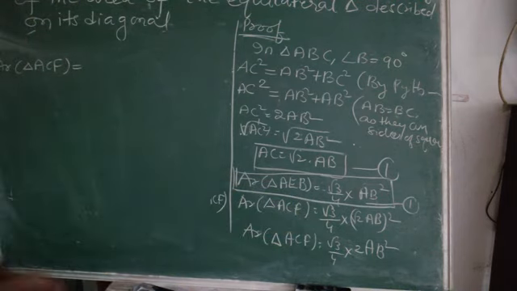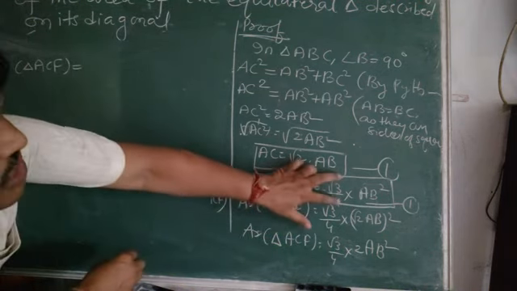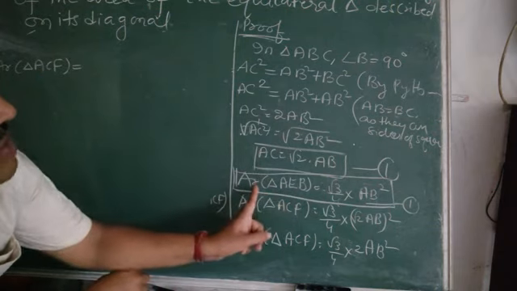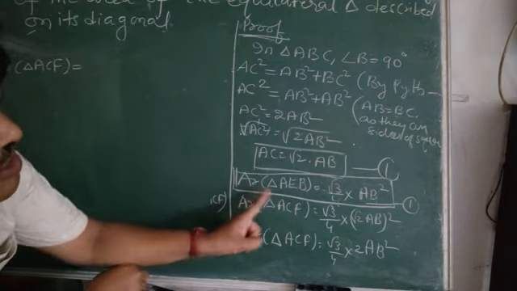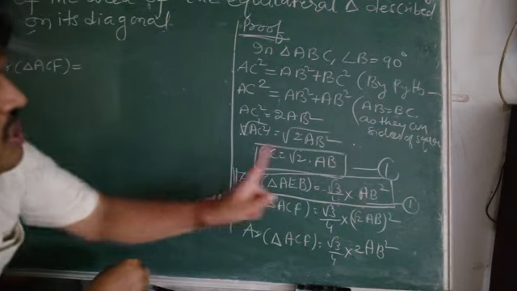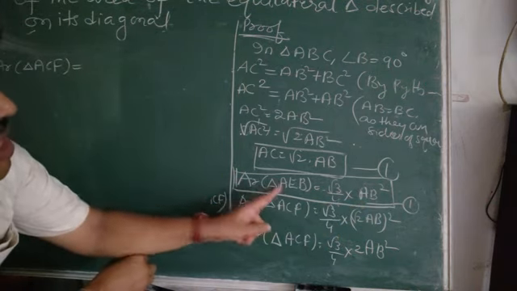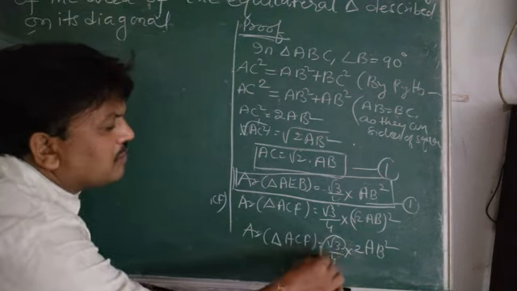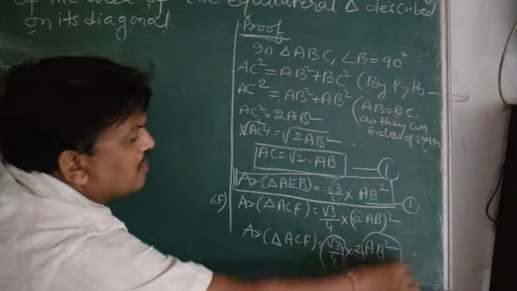You have tried one in the form of the other. So here root 3 by 4 AB square is just equal to the area of triangle AEB. Root 3 by 4 into AB square is how much? Is equal to the area of triangle AEB.